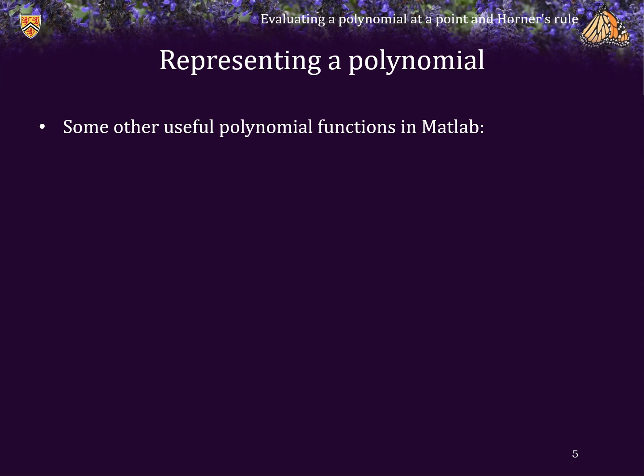There are some other useful polynomial functions in Matlab, and you're welcome to look them up. One of them is polyder, which calculates the derivative of the polynomial. And so you can see here that this is simply calculated 2 times x plus 3.